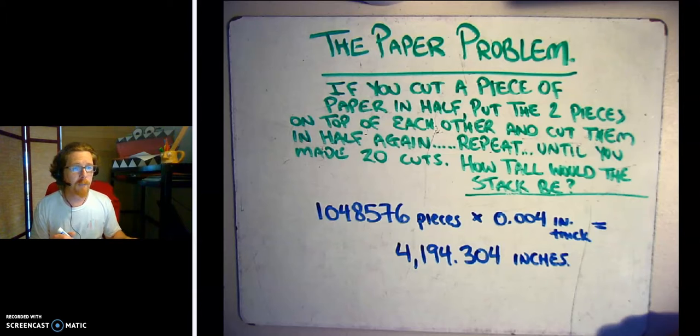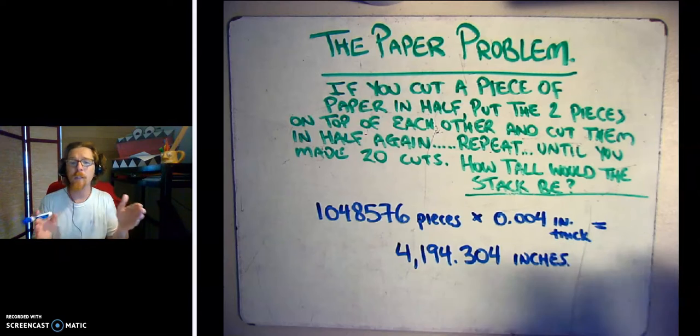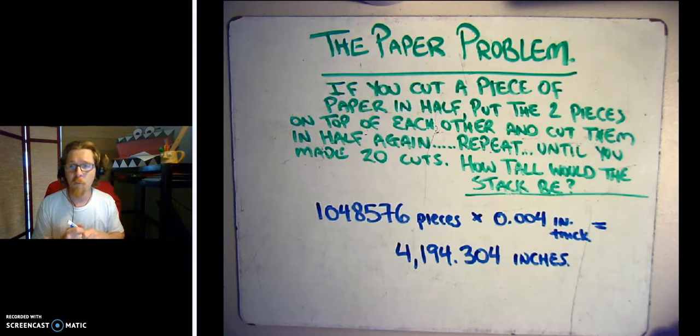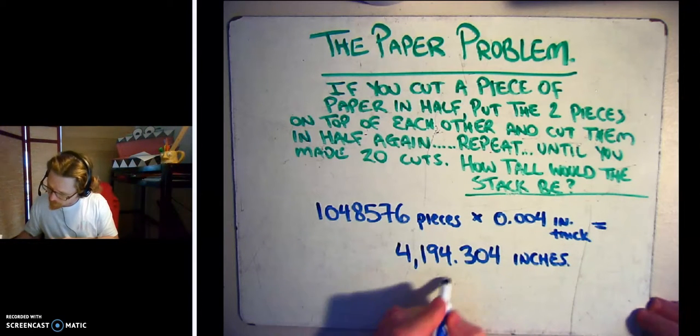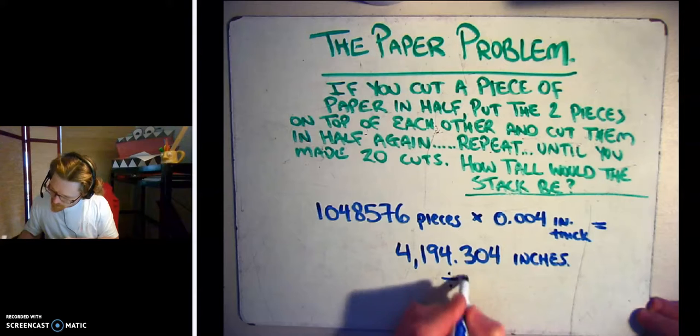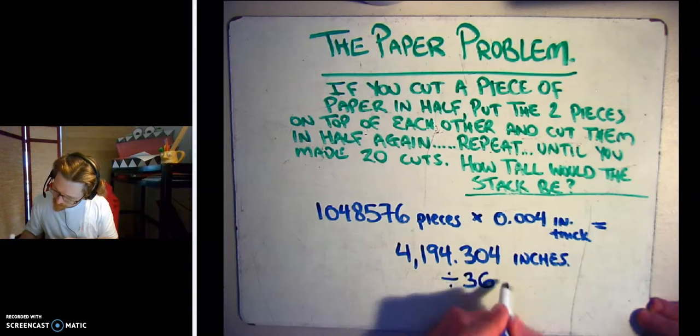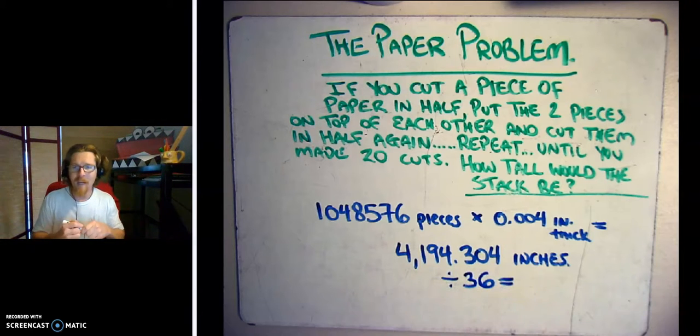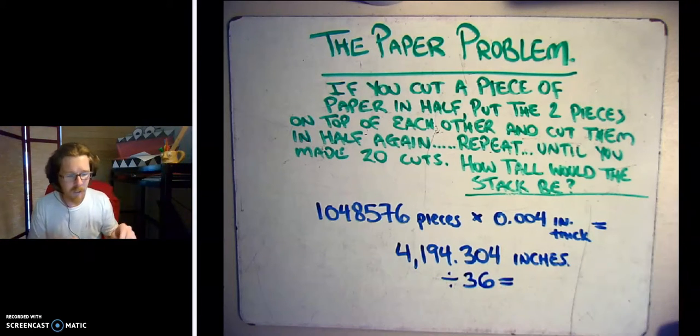Like I said, because there's 12 inches in a foot and 3 feet in a yard, there are 36 inches in 1 yard. So I'm going to take this number and divide it by 36 just so we have a better picture of how tall this stack would be.